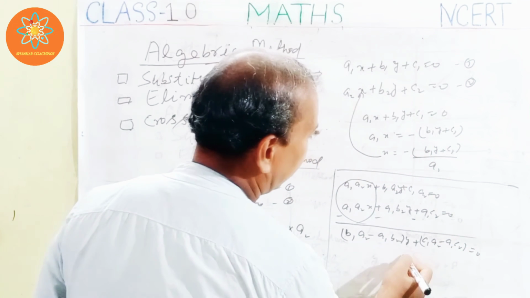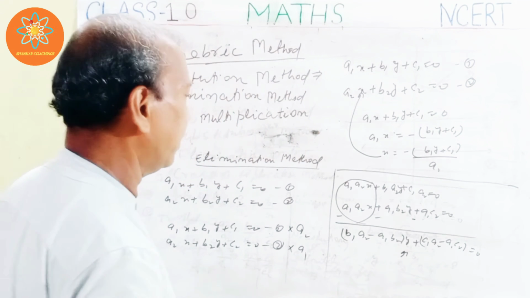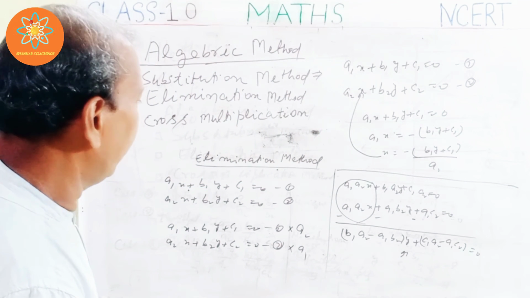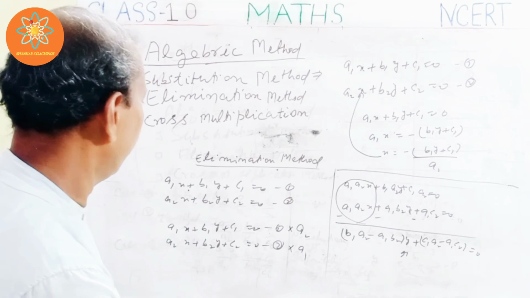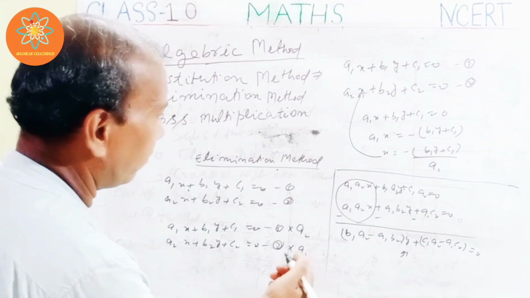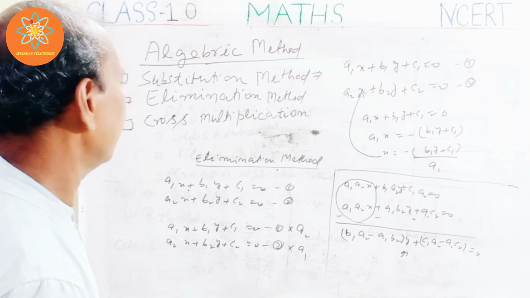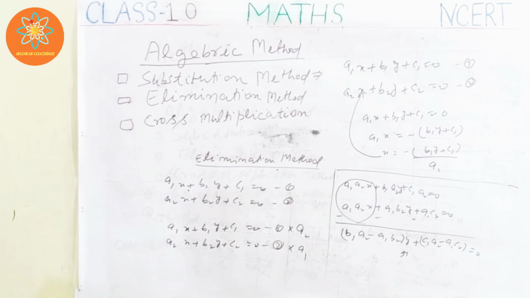So I will get the value of y here. After getting the value of y, I will put it in any equation, and then I will get the value of x. So this is the elimination method.